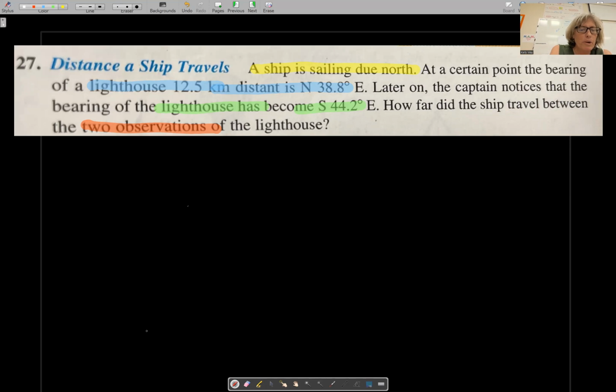So we have a ship here. I attempted a sailing ship, and we are heading due north.